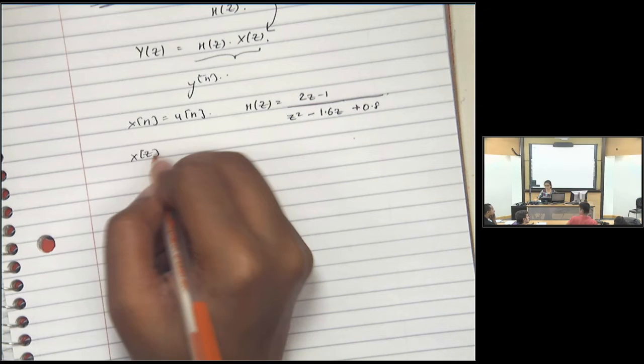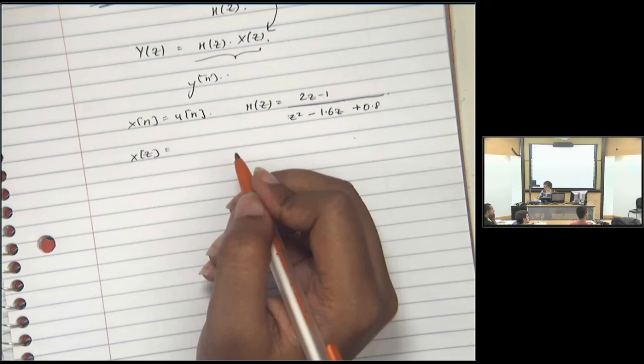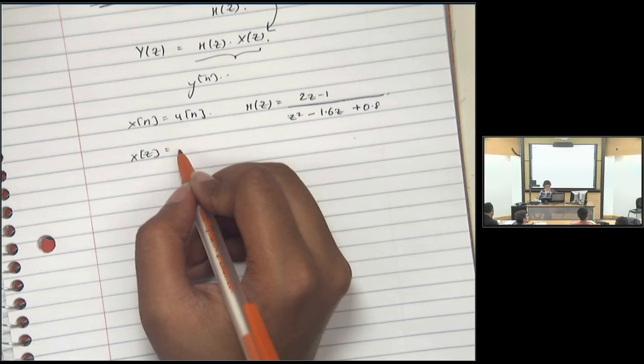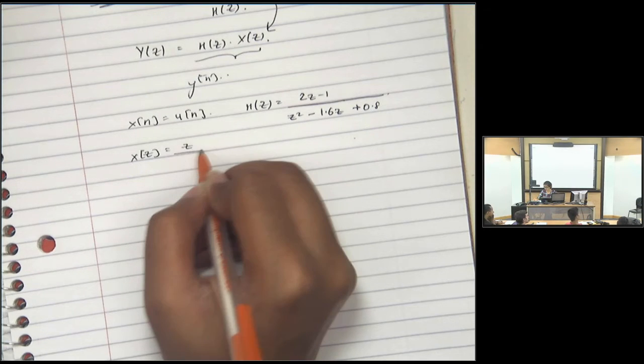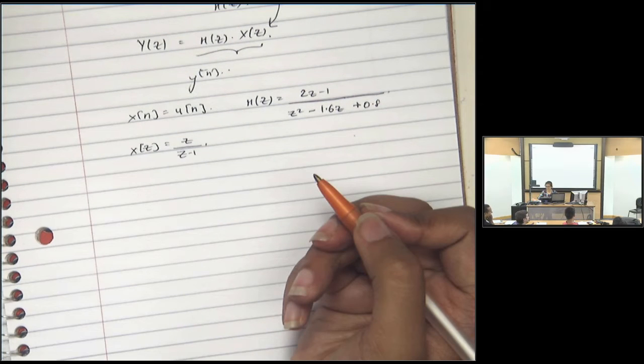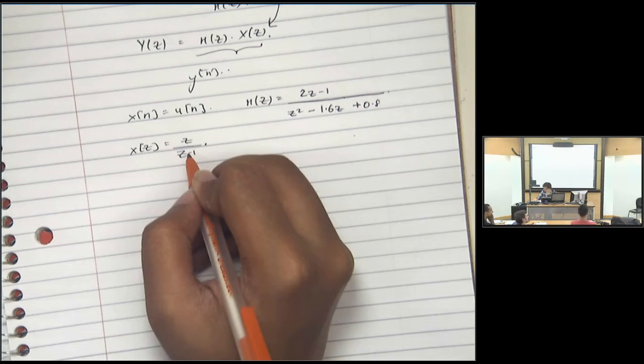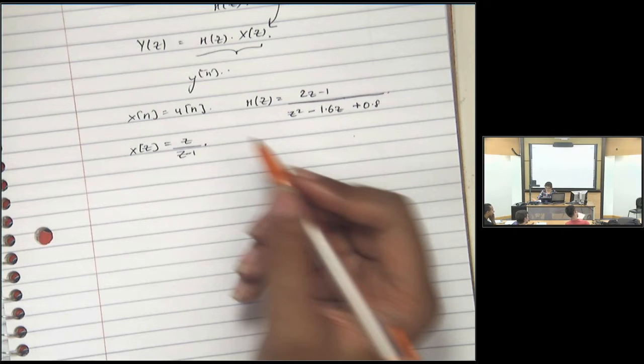What is X(z)? Laplace is 1 over s. Okay, so X(z) is z over z minus 1.